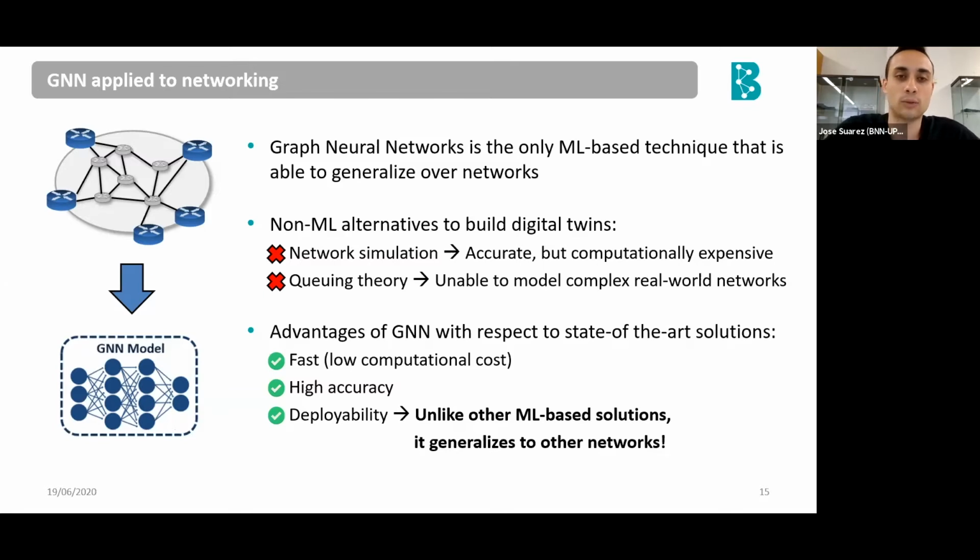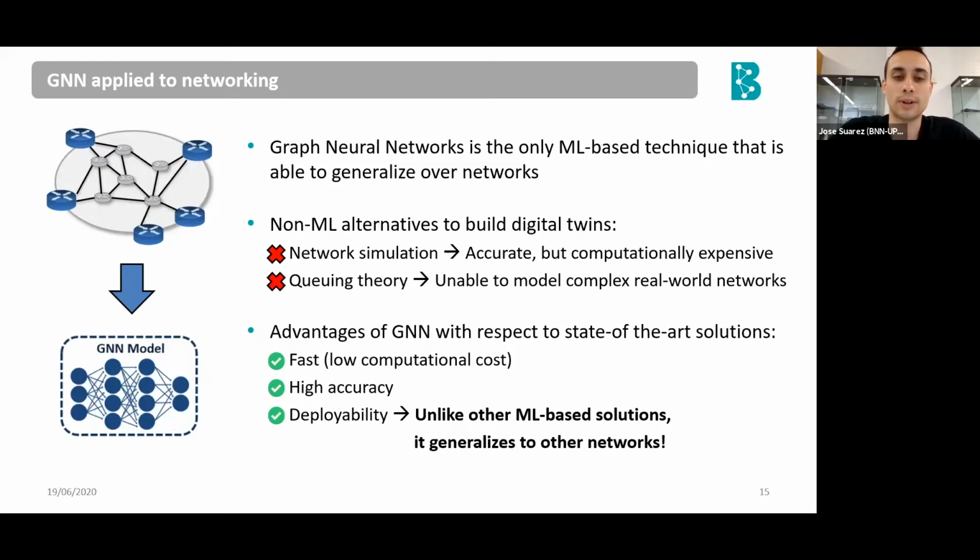And if we look at other alternatives that are not based on machine learning to build also these digital twins, the main alternatives are, first, network simulation, that can produce very accurate predictions, but is computationally very expensive, which makes it difficult to operate the network in close to real time.